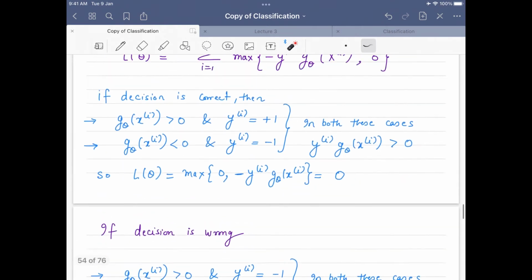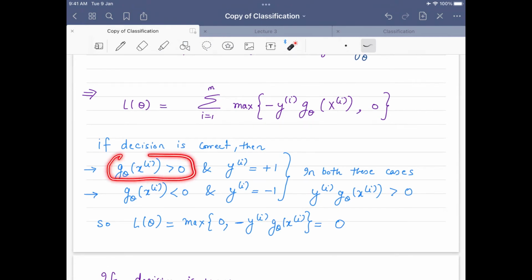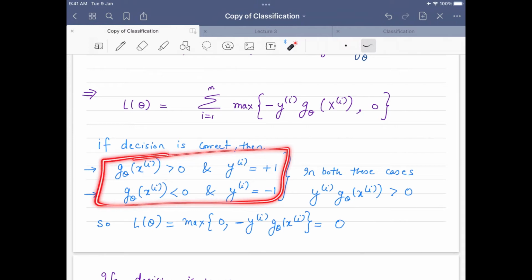So the decision of the machine and the decision of the label have the same polarity. Similarly, if your machine gives a value less than 0 and your label is also -1, then our decision is again correct, because a machine value less than 0 corresponds to the label -1. So both are right, and in both cases our decision is correct.